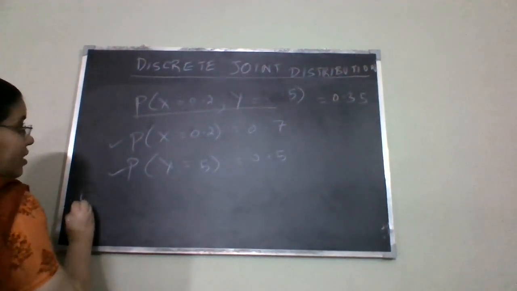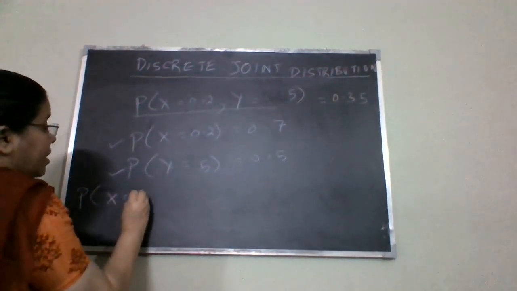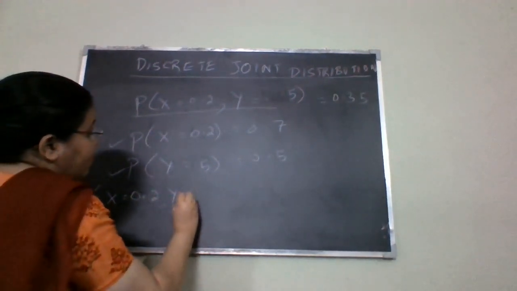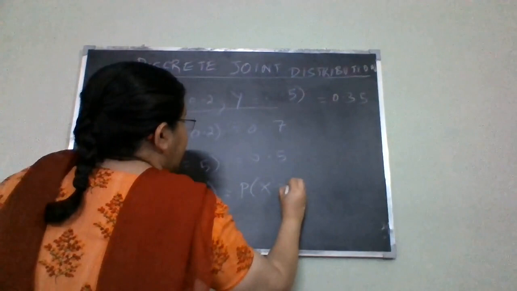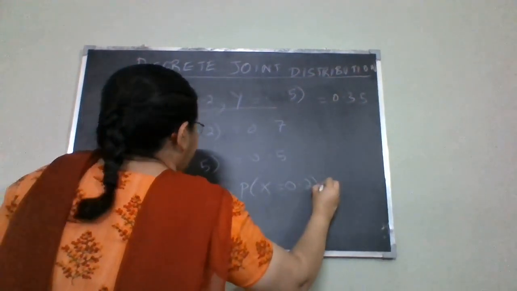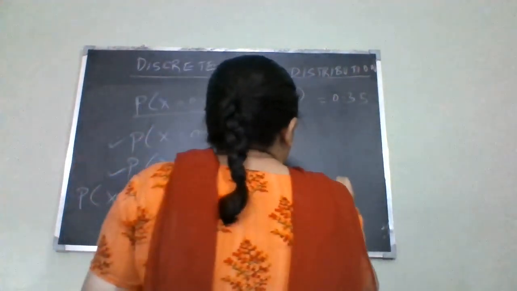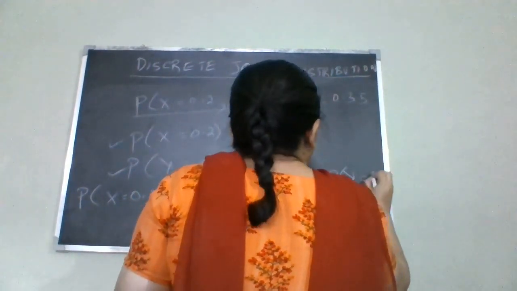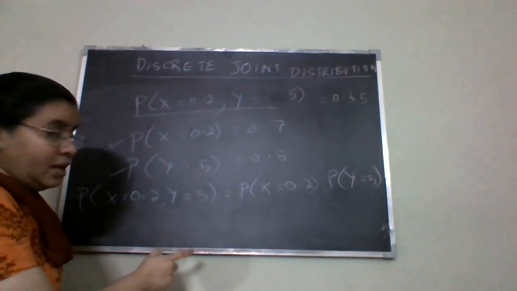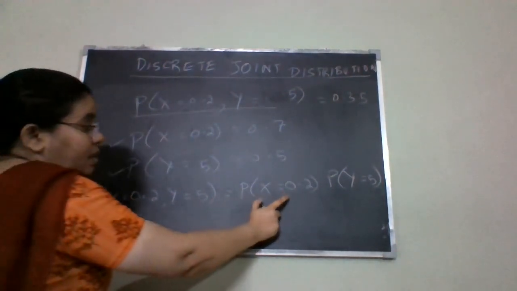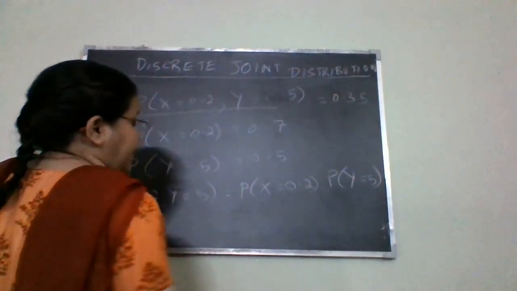So from this we conclude that P of X equal to 0.2, comma, Y equal to 5 is equal to P of X equal to 0.2 multiplied by P of Y equal to 5.